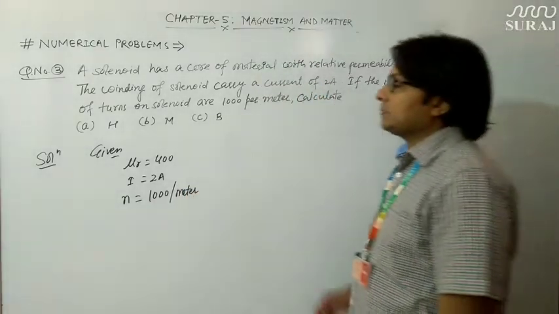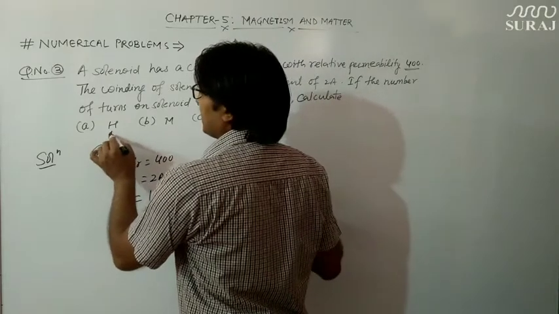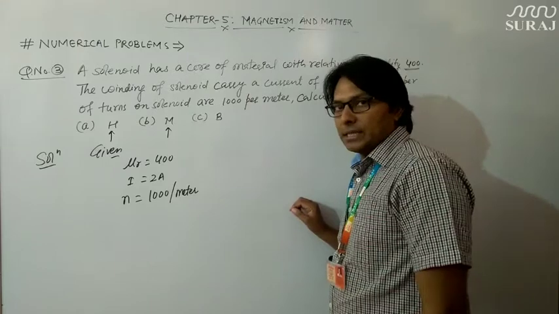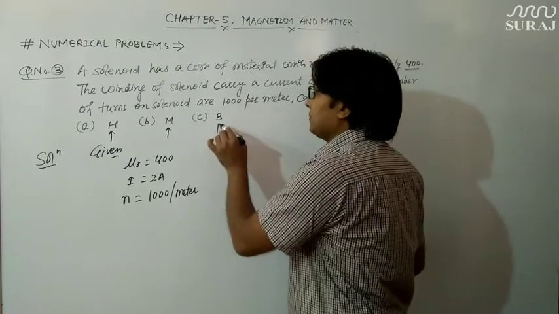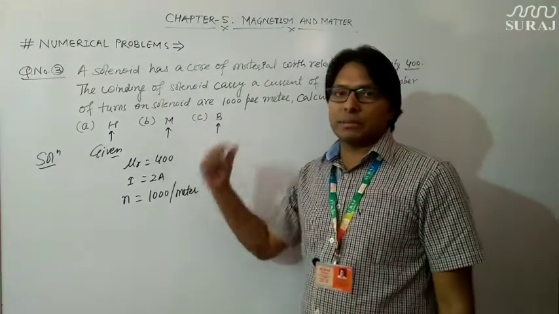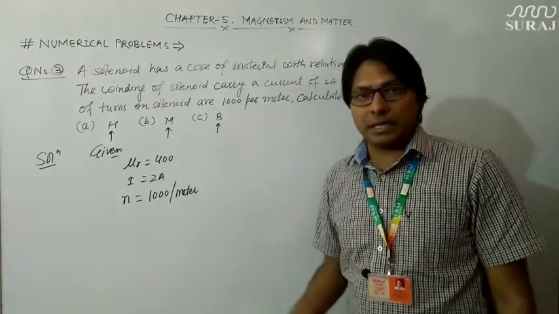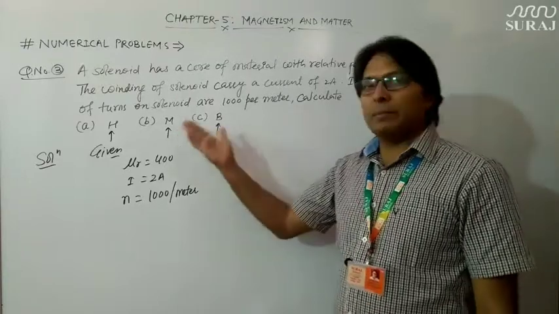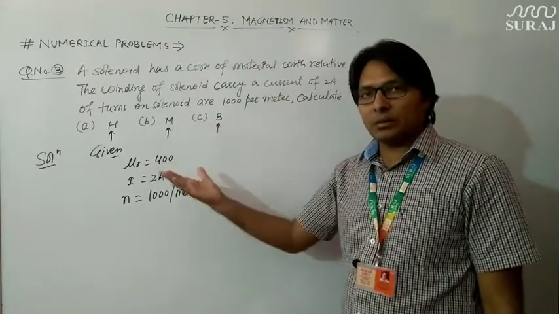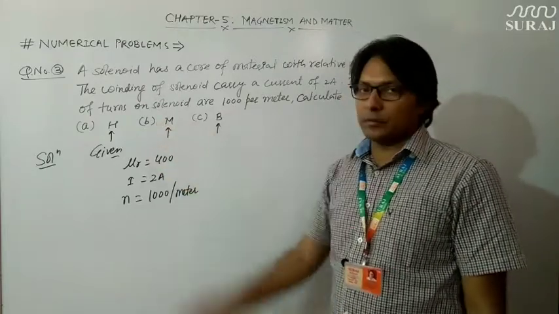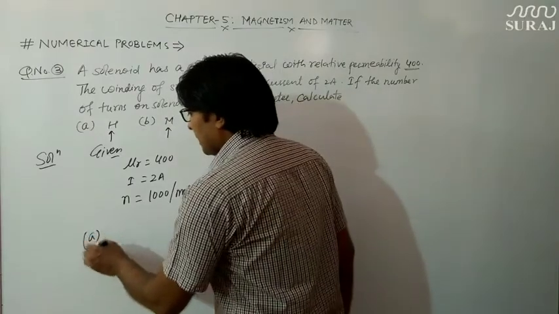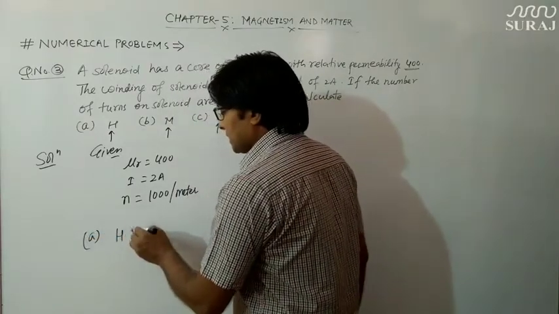Calculate H, the magnetic field intensity, M, the magnetization, and B, the magnetic field density. This M is also sometimes denoted by I, intensity of magnetization, or simply magnetization. Sometimes it is denoted by M or sometimes by I, so you need not be confused here. First let us calculate the magnetic field intensity H.